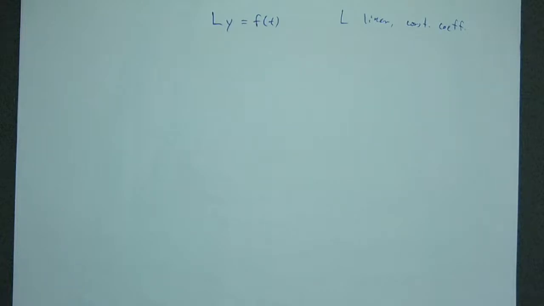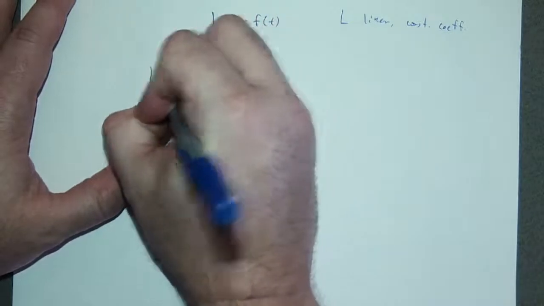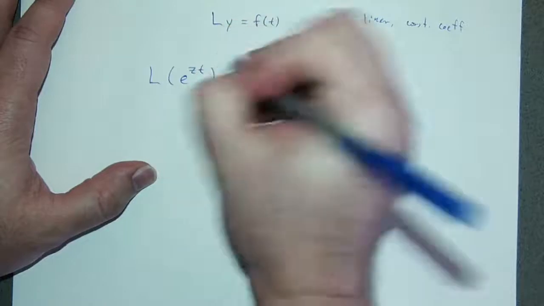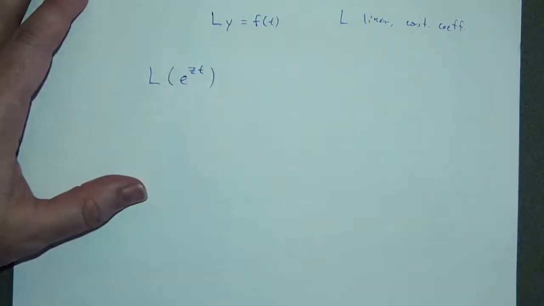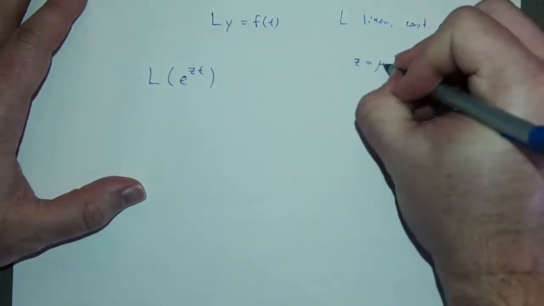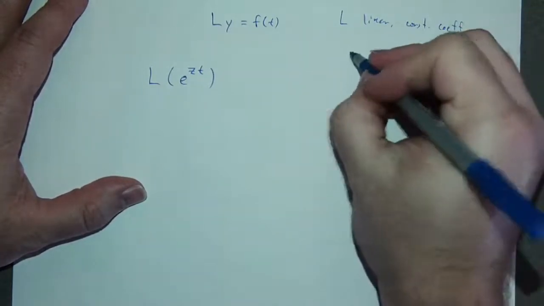Then what happens if I apply L to e to the zt? Now you can think of this formally as z just being a formal thing here. Typically, we are thinking of z as being some complex number. I'm going to write that complex number as mu plus i nu.